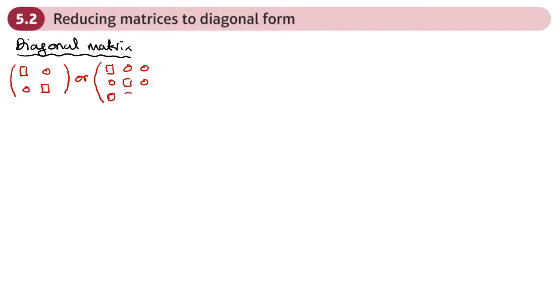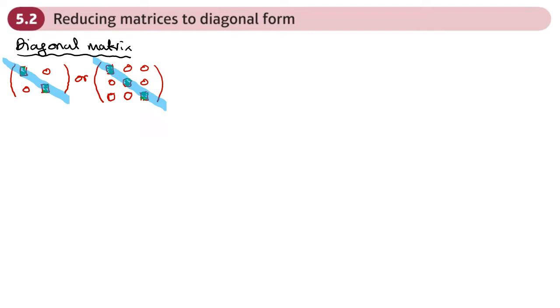So I'm going to have something like this, so maybe I'll highlight those in a specific color. So these ones in green, these can be non-zero, but all the other elements in that matrix must be zero. So when we reduce a matrix to diagonal form, these elements here are going to be the only non-zero elements.